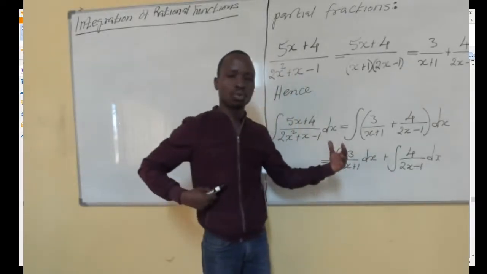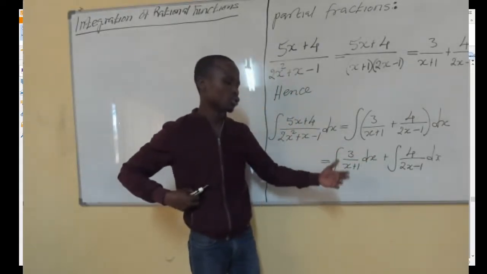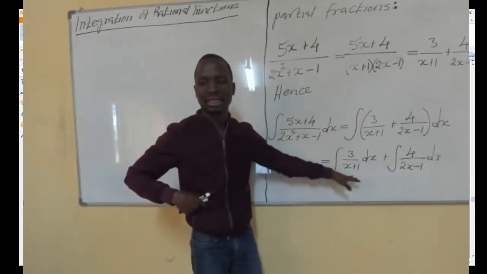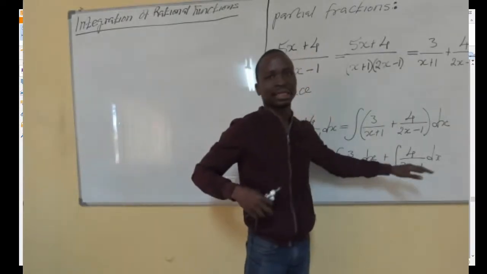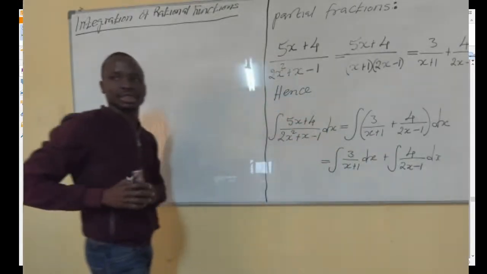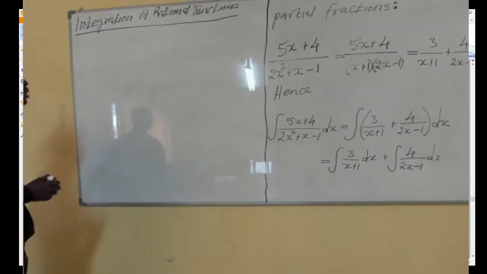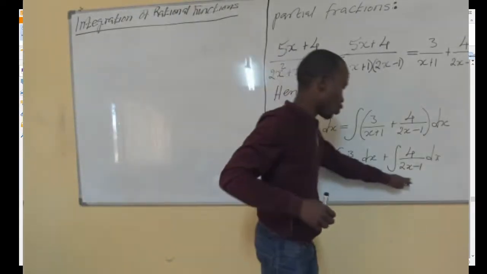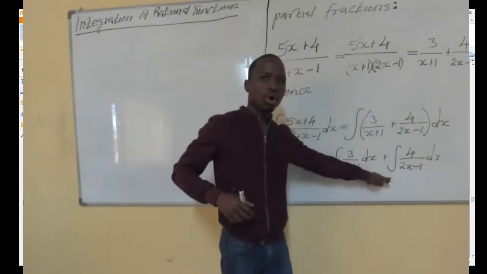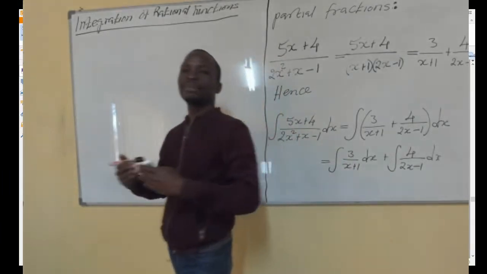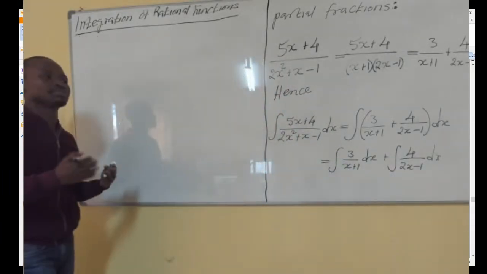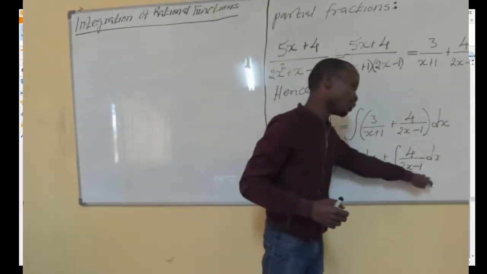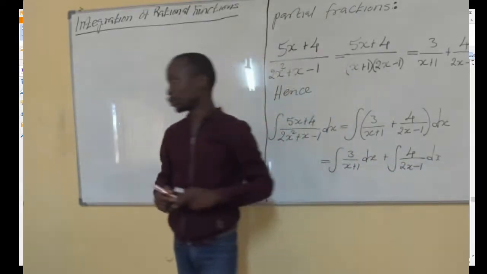But the more you practice, you realize that when you just look at the question, you'll be able to tell, okay, this is equal to this and this is equal to this. But at your stage, let's do this. You integrate this using the substitution method. You can also integrate this using the substitution method.